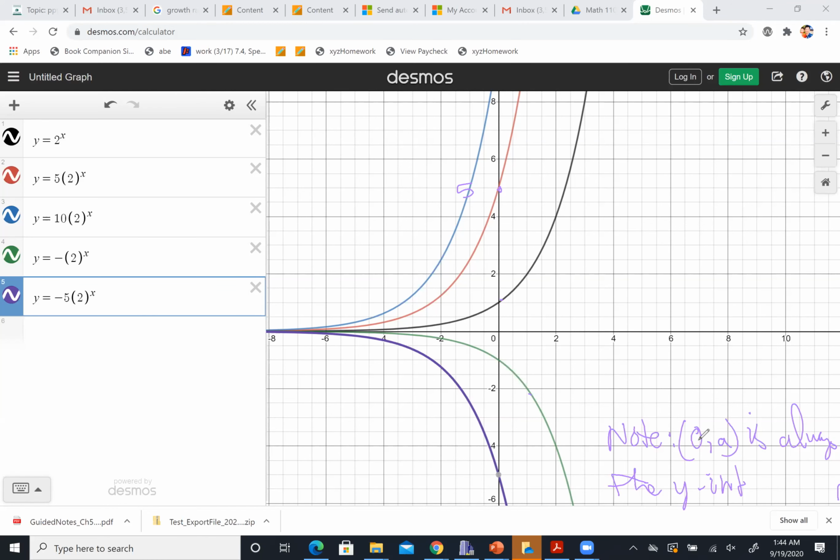And what else? If A is greater than 0, then the range will be from 0 to positive infinity. But if A is less than 0, then the range changes to be from 0 to negative infinity.